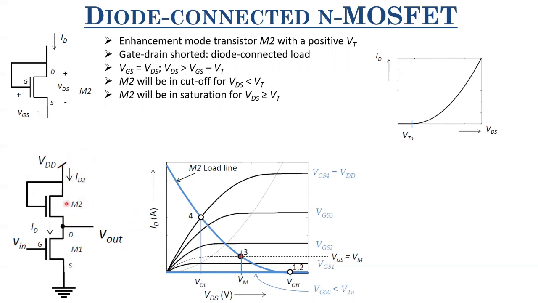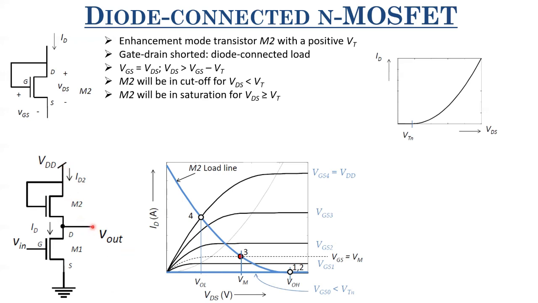But the main concept behind this is that the moment this Vout increases beyond VDD minus VT, this transistor gets cut off, and as such, the connection between VDD and this load capacitor gets open. So there's no connection beyond VDD minus VTH.